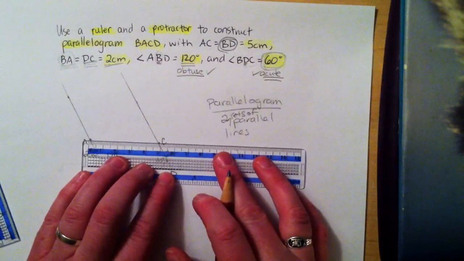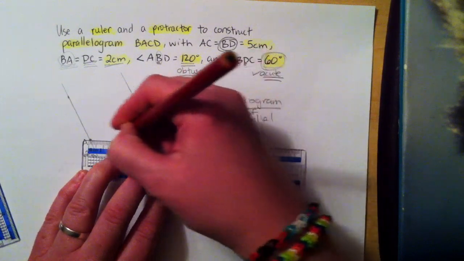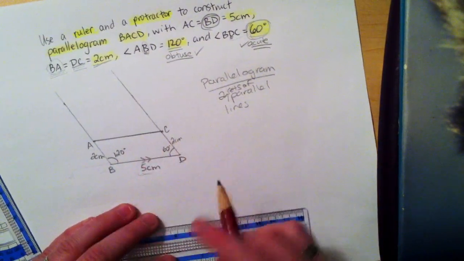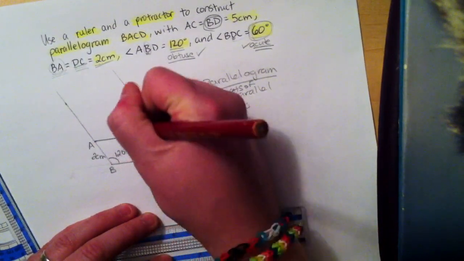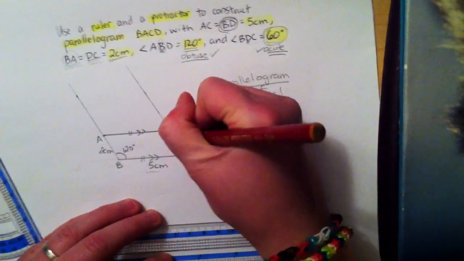Then all we have to do is connect A and C, because we know that that's 5 centimeters, and those are parallel lines and equal lines as well.